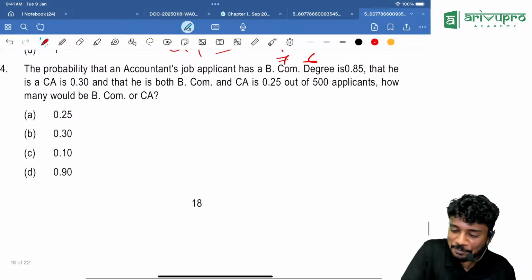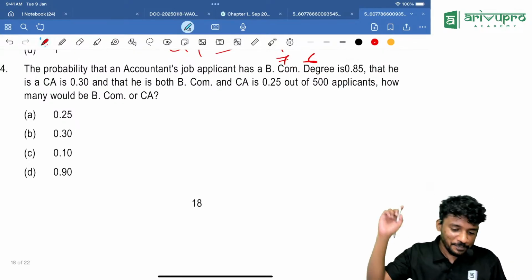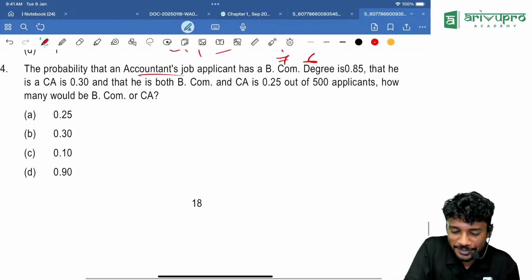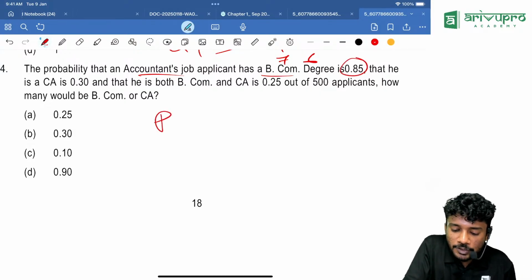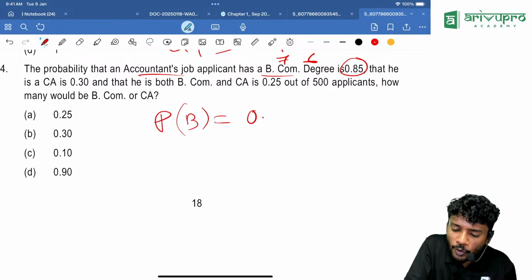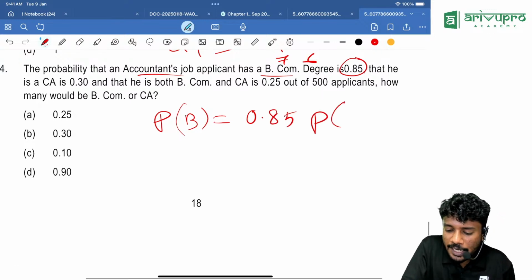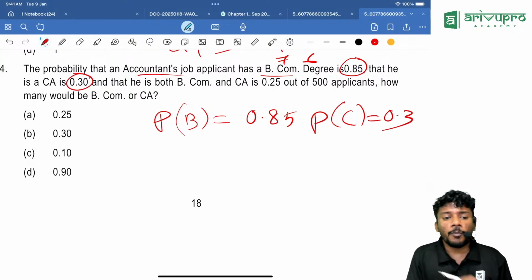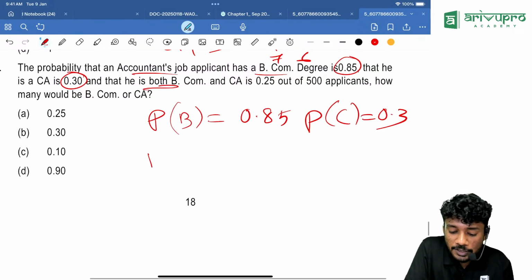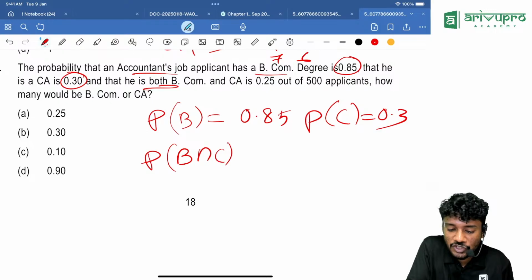Next one, people. Direct question. Probability of an accountant job applicant having a BCom degree is 0.85. So P of B is 0.85. Then P of C, being a CA, is 0.3. Then he has both. That means P of B intersection C is 0.25.